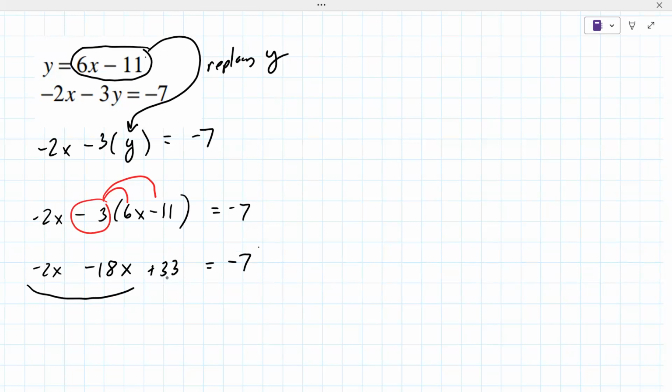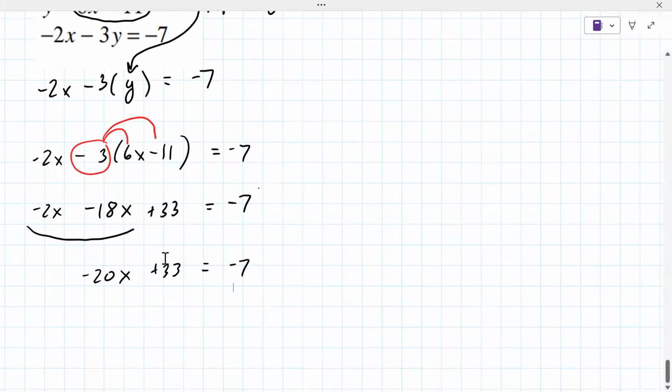Okay. -2x minus 18x, what does that become? Negative 19? No, 20. -20x plus 33 equals -7. How do you undo plus 33?